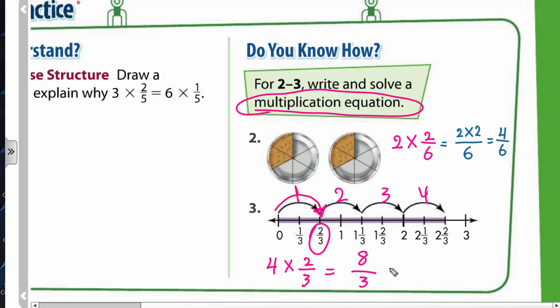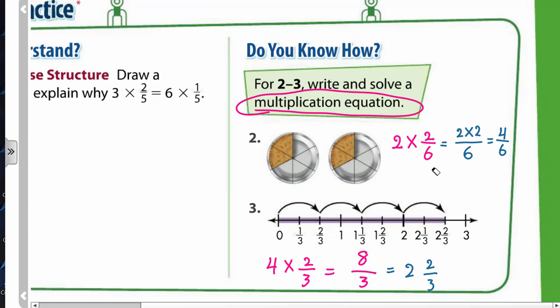Okay, Nader. I want a mixed number. It's 2 and 2/3. Okay, why? Because a whole one is 3, and 8 divided by 3 equals 2. Excellent.